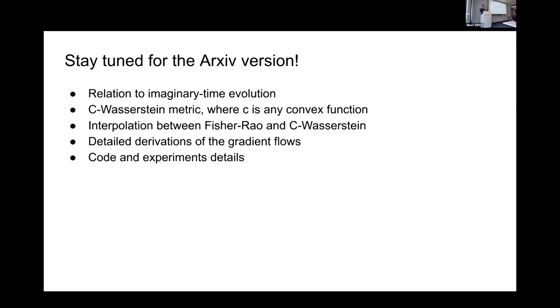These plots are for these different costs. We can interpolate between them by considering the Wasserstein-Fisher-Rao metric on the space of distributions. And you'll find all the derivations of the gradient flows in the paper, if you're wondering. That's it.